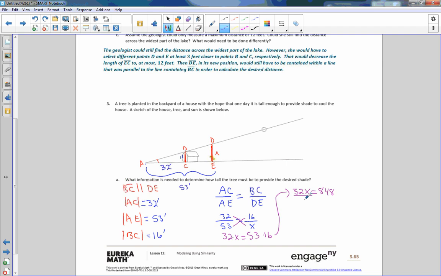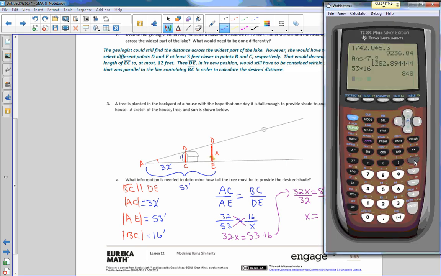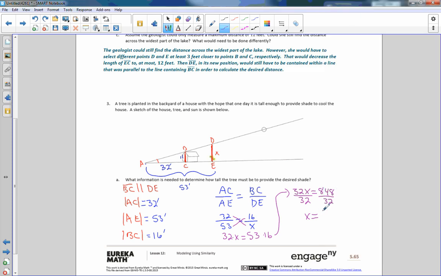Divide both sides by 32, and we find the tree's required height to shade. 848 divided by 32 is 26.5 feet. Okay, so that's how tall the tree has to be.